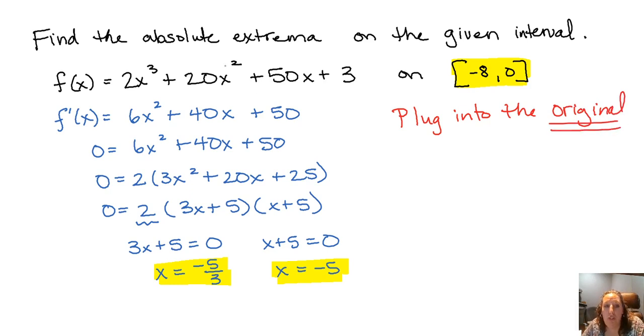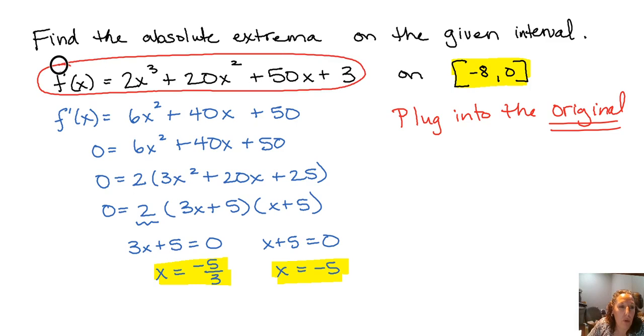So anytime we're looking for the absolute max and mins, we're plugging in the original. If we're looking at increasing or decreasing, remember we plug into our derivative. And if we're looking for concave up or concave down, we are going to plug into our second derivative. But for this one, we're only interested in that original value, and we will evaluate that function at each of our endpoints and then at each of our critical values on that interval.